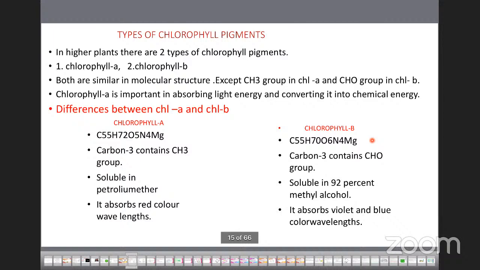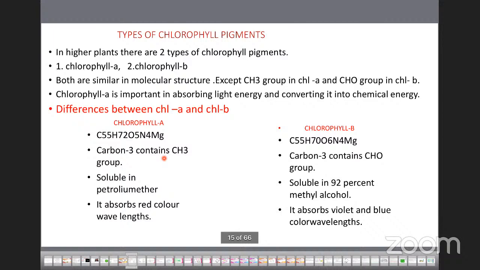That means a centrally located magnesium is surrounded by 4 nitrogen atoms, and these are surrounded by pyrrole groups, right? And here in chlorophyll A, carbon 3 contains a CH3 group.